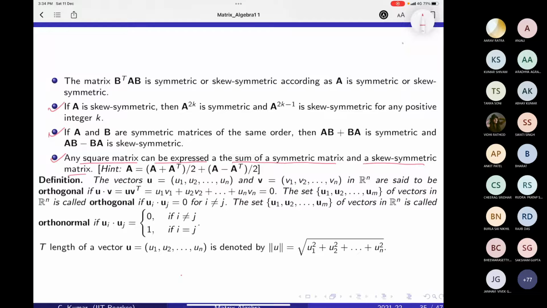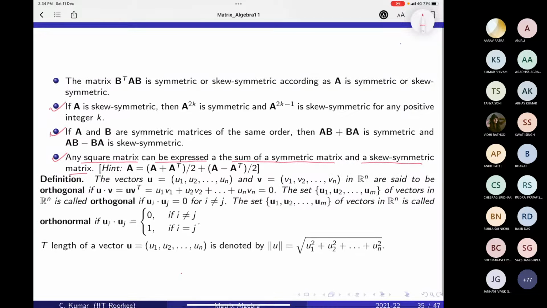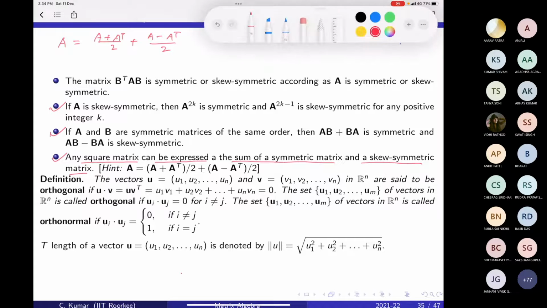If you take a square matrix A, you can write this square matrix as A plus A transpose divided by 2, plus A minus A transpose divided by 2. Fine. A transpose by 2 cancels out, and A by 2 plus A by 2 will give you A. So this relationship holds for any square matrix.